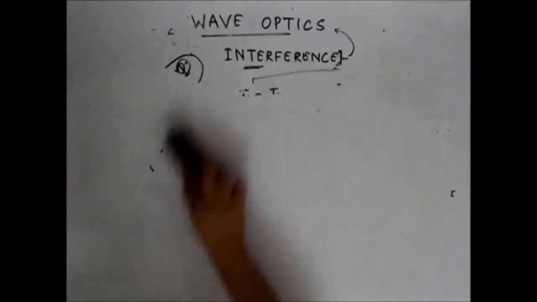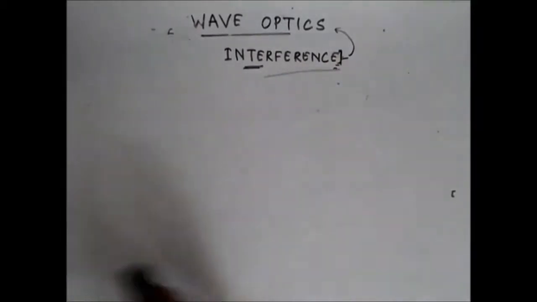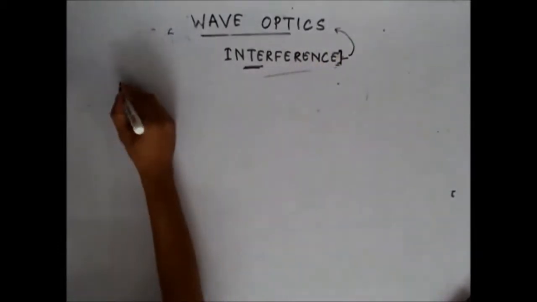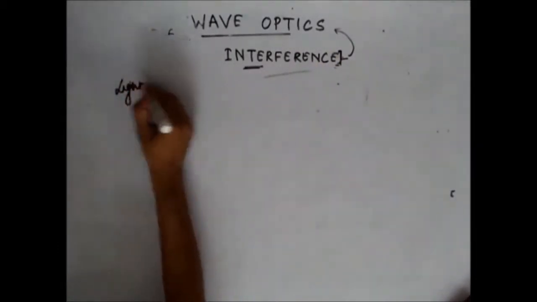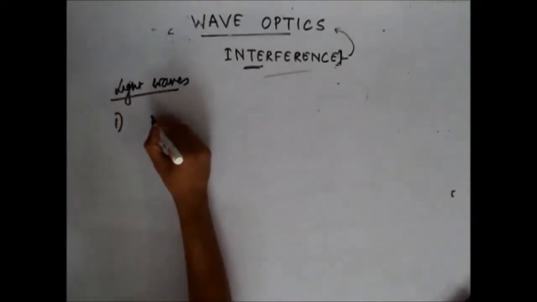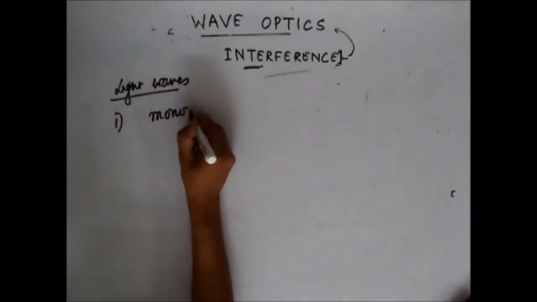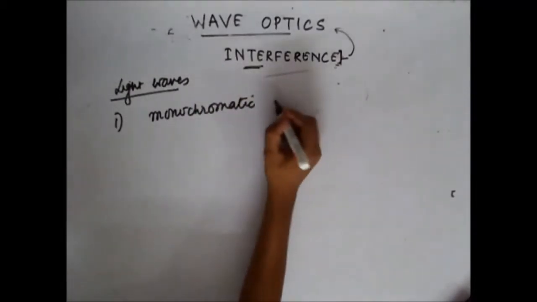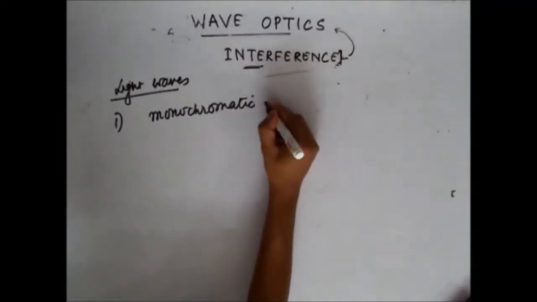So till now what we have learned is, we learned that the conditions in case of light waves for interference to occur: first, we should have a monochromatic source, so that the phase difference is independent of time.